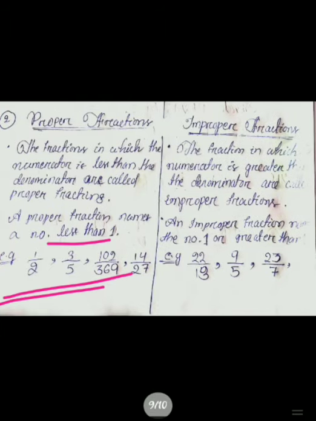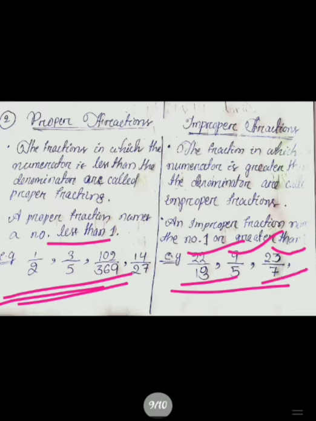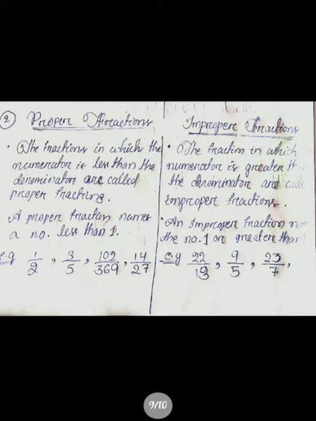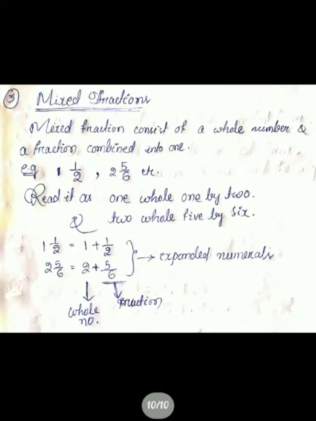So these are called proper fractions. But here the numerators are greater and the denominators are smaller. So these fractions are called improper fractions. Okay, so we have discussed like and unlike fractions, proper and improper fractions. Now just see what a mixed fraction is.